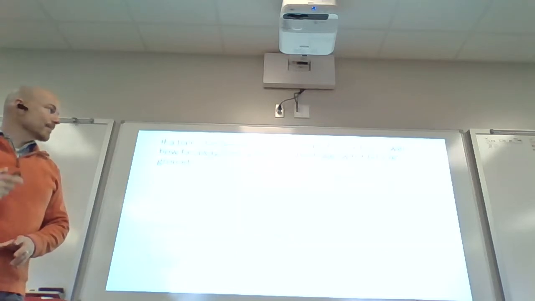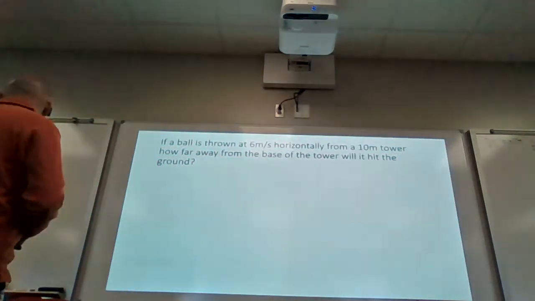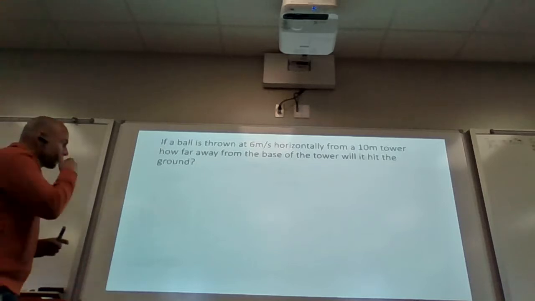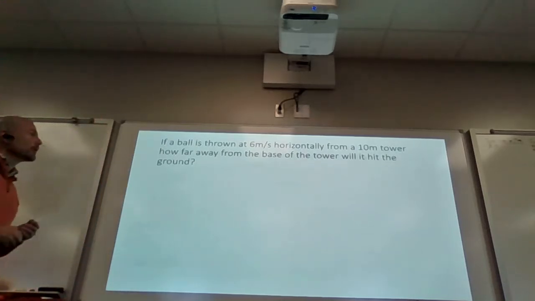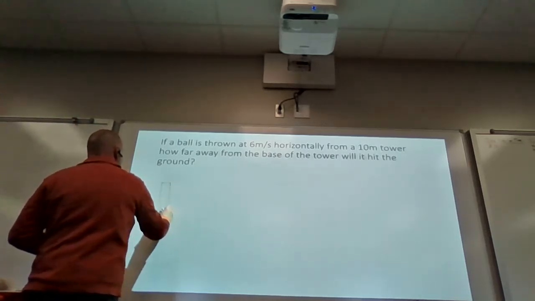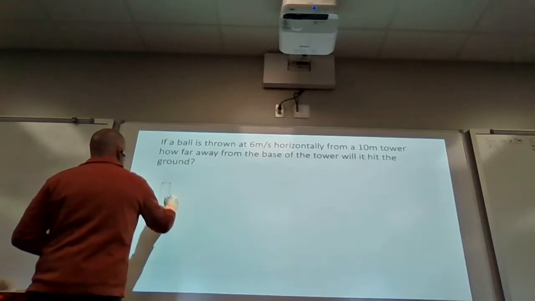Okay? So, example problem, and then we'll be done. A ball is thrown at 6 meters a second horizontally from a 10-meter tall tower. How far away from the base of the tower will it hit the ground? Okay. So I've got a tower that's 10 meters tall.